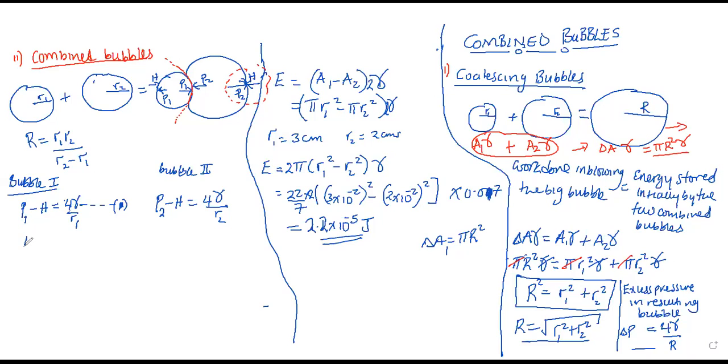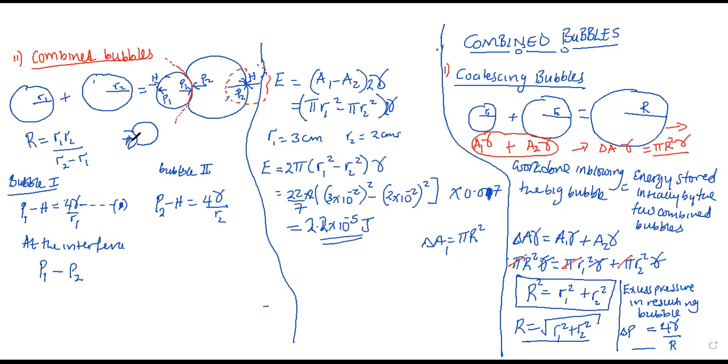While at the interface, we have a change in pressure, which is P1 minus P2. Why is P1 greater than P2? Because you see P1 has curved into this pressure P2.